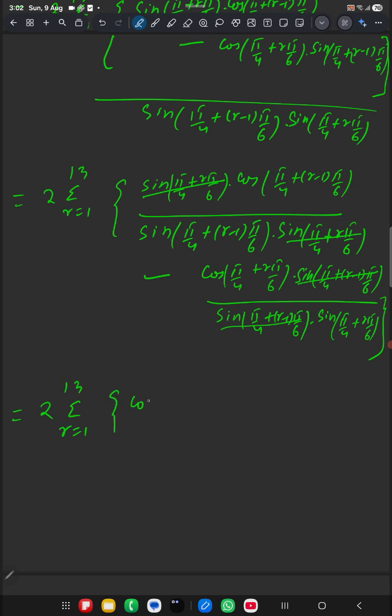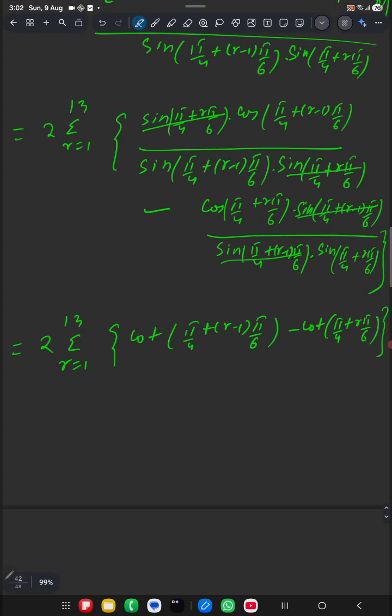So this will give you cot pi by 4 plus r minus 1 pi by 6 minus cot pi by 4 plus r pi by 6, bracket closed. Now we will do the summation.